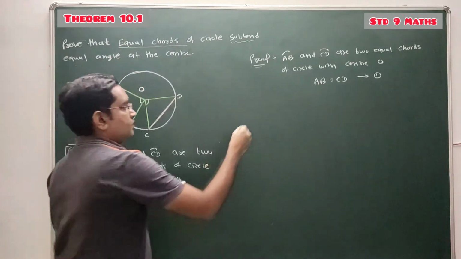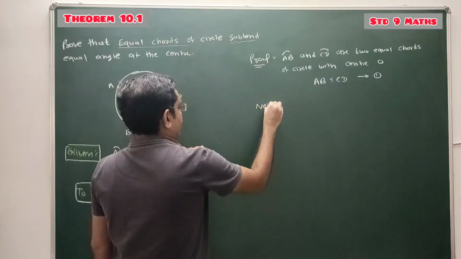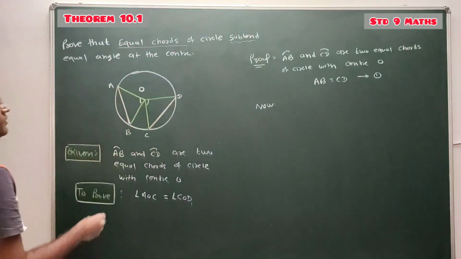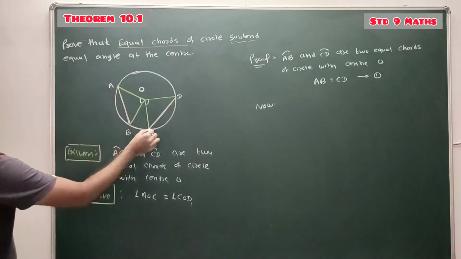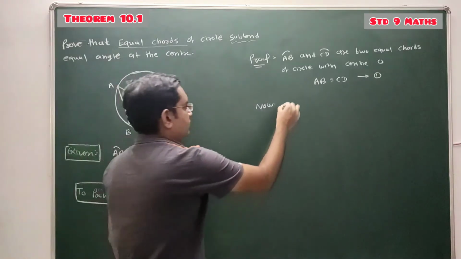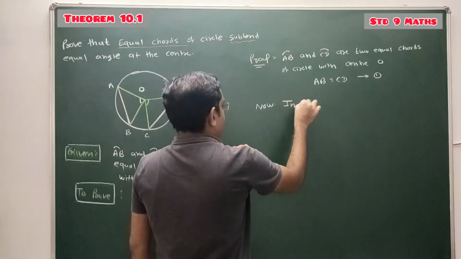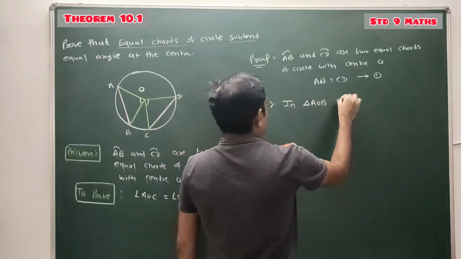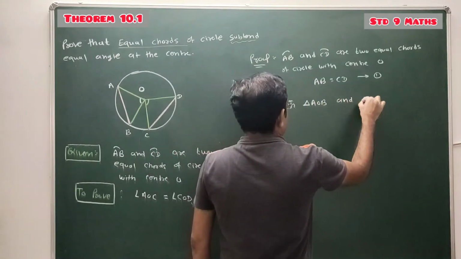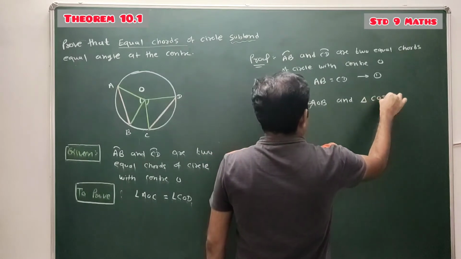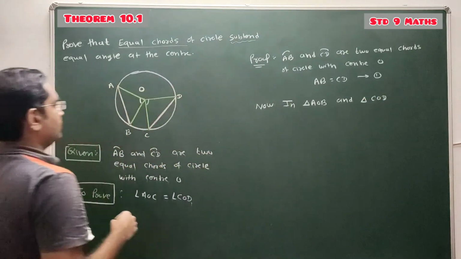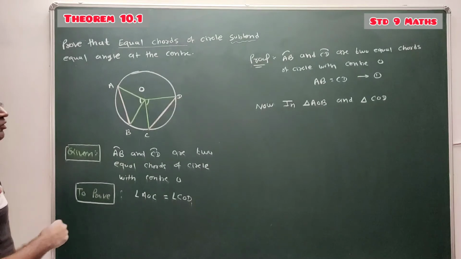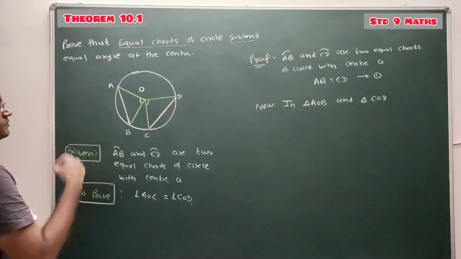Now we'll consider two triangles: triangle AOB and triangle COD. We will prove these two triangles congruent. I can already see it, but you have to be shown.